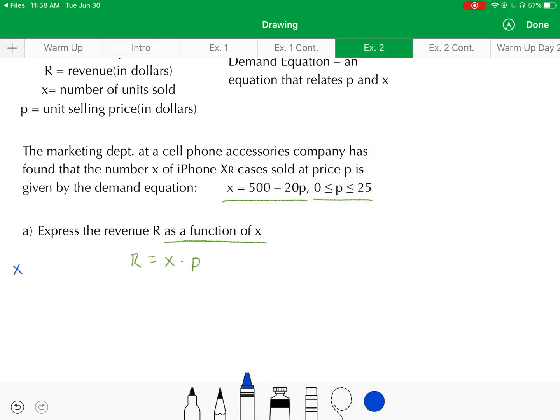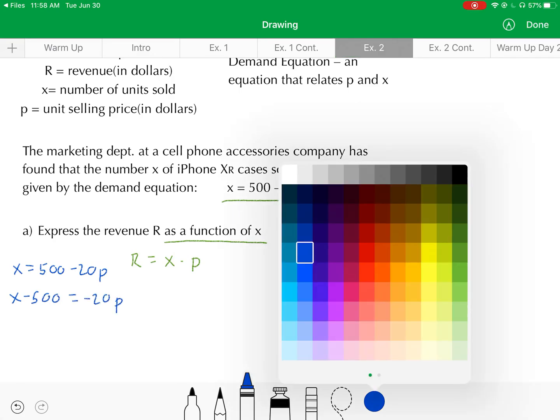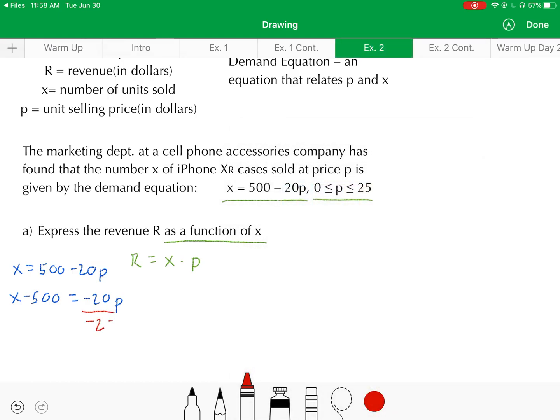I'm going to take my demand equation and I'm going to solve it for P so that P is defined in terms of X, the number of units sold, okay? So to do that, I'm going to subtract 500 over to the left side. Then I'm going to divide both sides by negative 20.